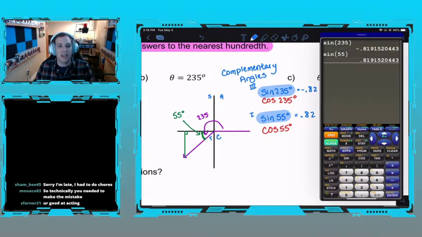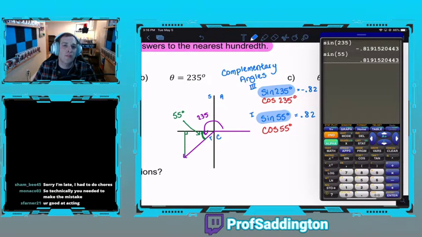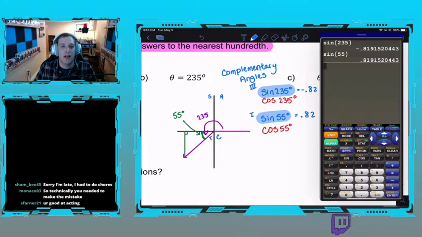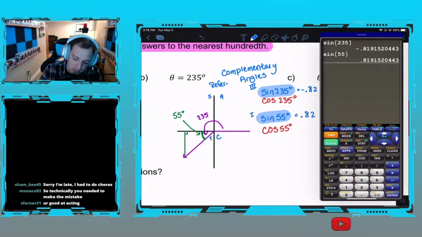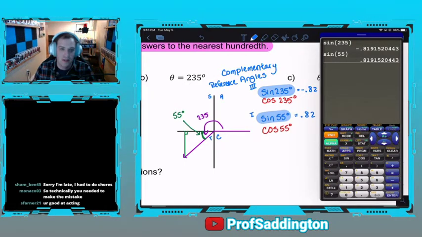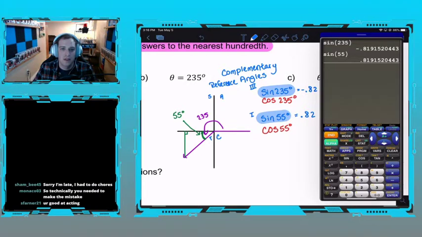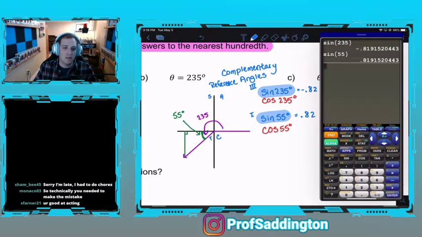It's just saying that they're going to create the same reference angle. That's why we're allowed to call them complementary, and I'll put reference in front. They're complementary reference angles. So that's why the values are going to be very similar to each other.